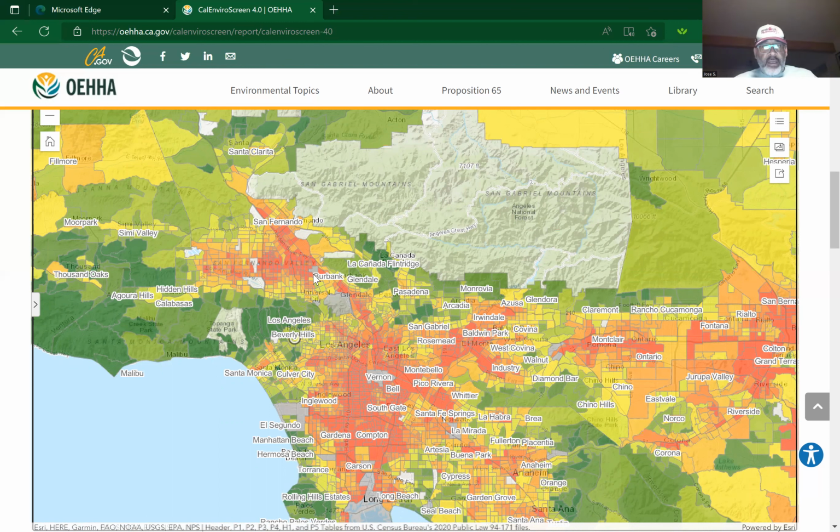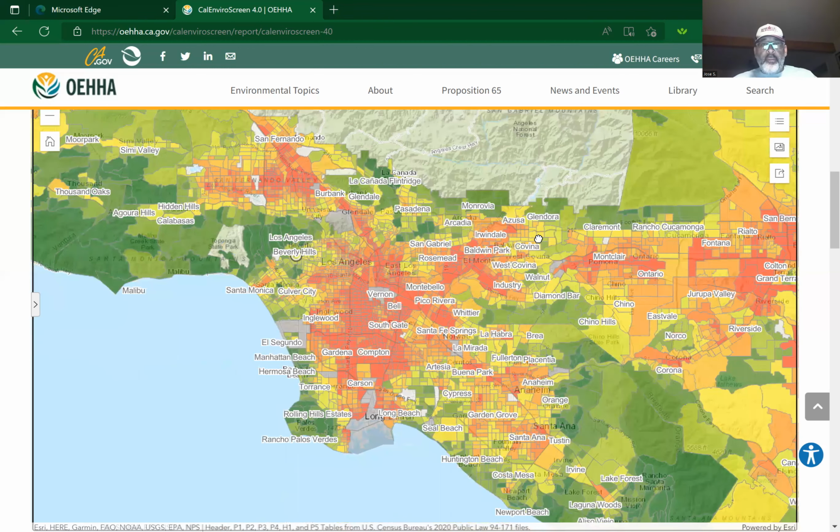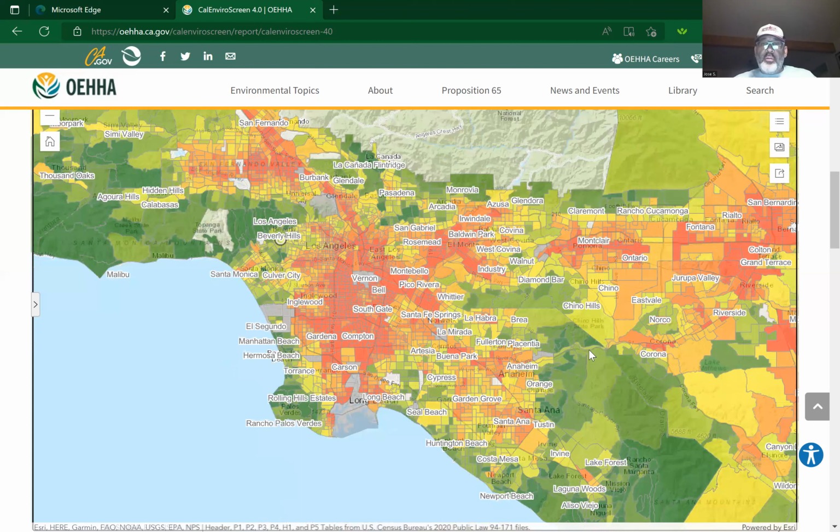San Fernando, Burbank, Glendale, Vernon, Bell, Montebello, Southgate, Compton, Gardena, Inglewood, Santa Fe Springs. And then it starts getting nice again as you go to La Brea, Chino Hills, Diamond Bar, but City of Industry, West Covina. And I think, given what little I do know, this kind of does also break up along ethnic lines.